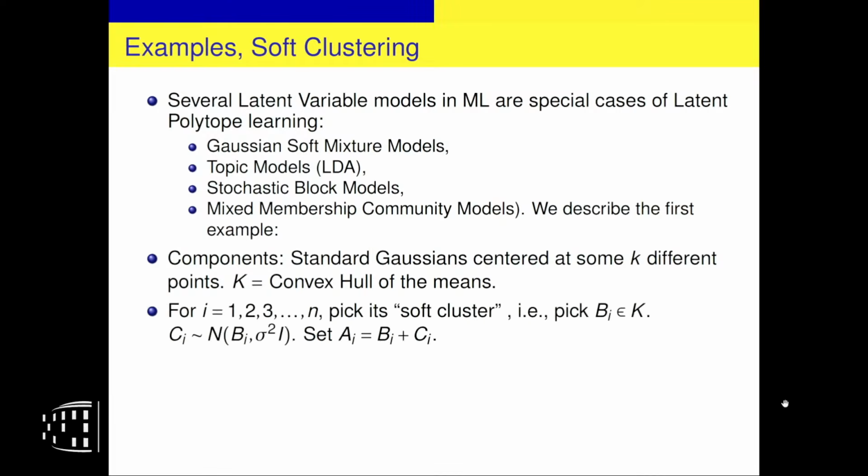So the ith point doesn't belong to one cluster as in normal clustering, but picks a soft cluster. That is, it picks a Bi belonging to K, which is a convex combination of the means. K is the convex hull of the means. And the Ci are chosen this way, and you still see Ai equals Bi plus Ci.